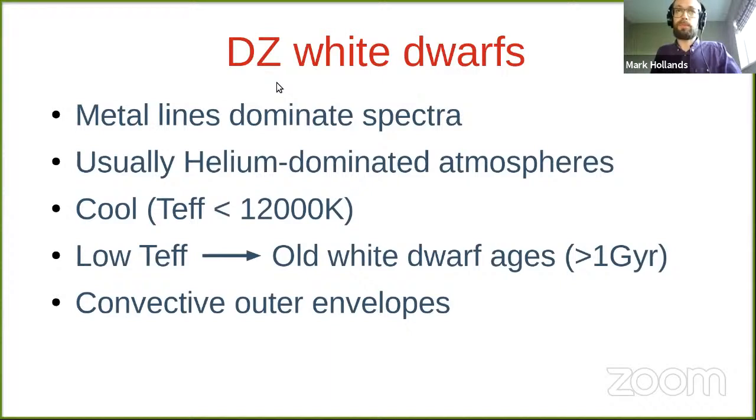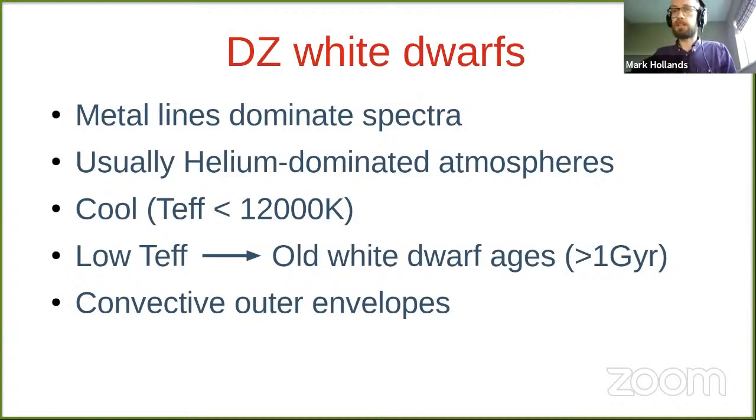Below 12,000 Kelvin, there are no helium lines because helium is almost all in its ground state and there are almost no transitions. But actually below 5,000 Kelvin, the same thing happens with hydrogen and you're only left with metal lines again. And so the thing to bear in mind is, like I said before, we're talking about low temperature stars.